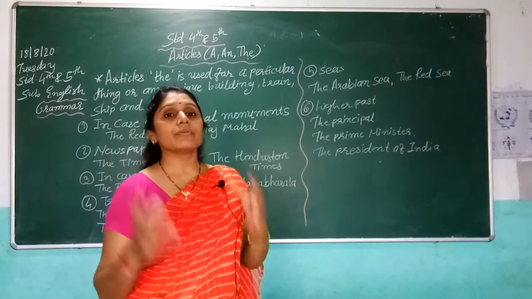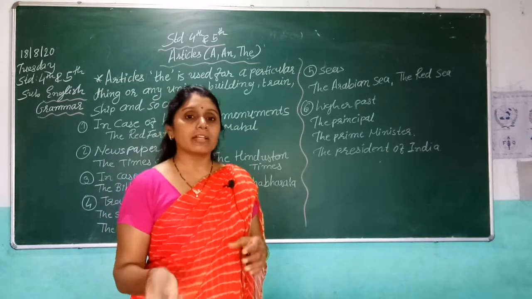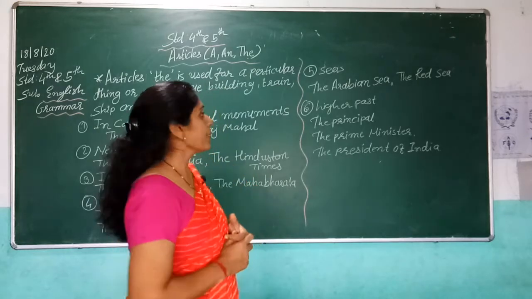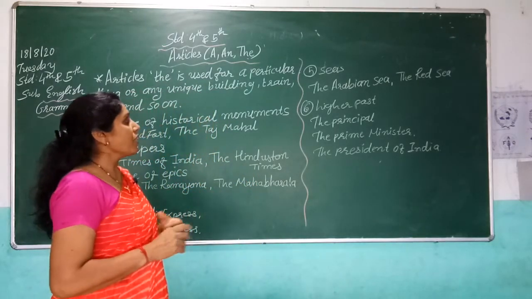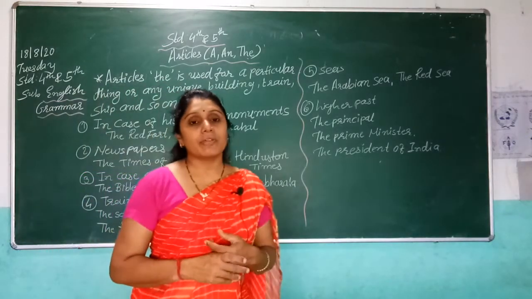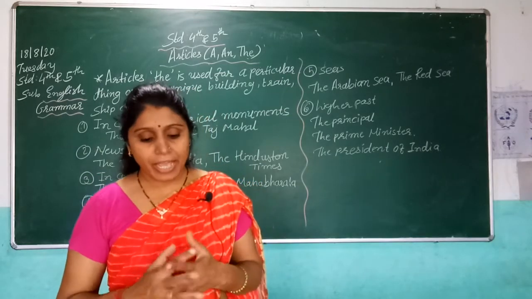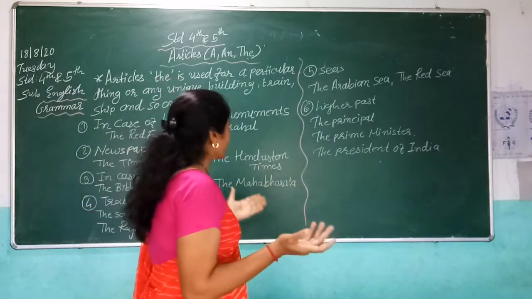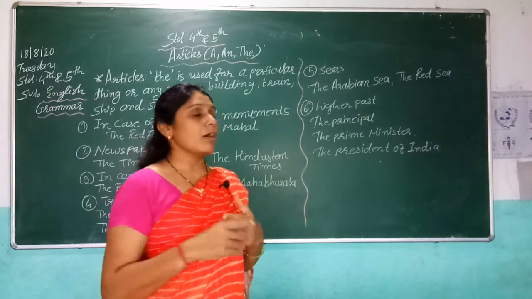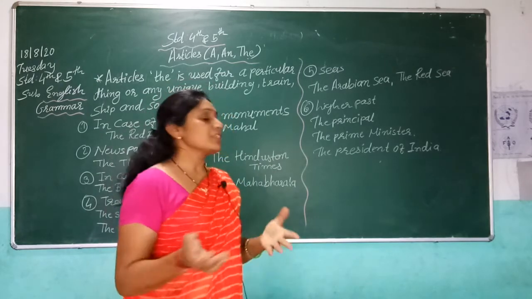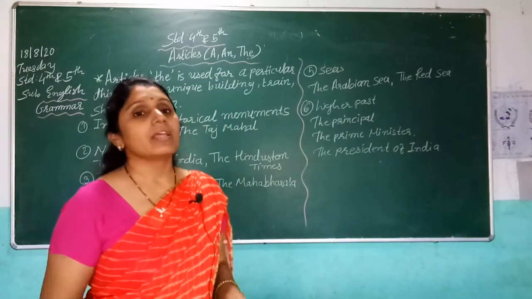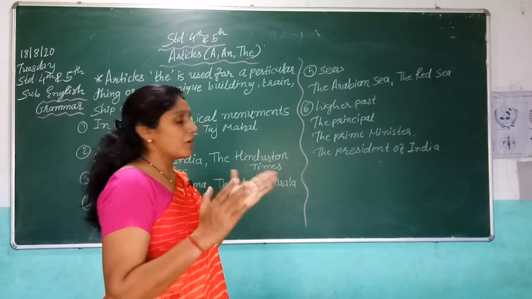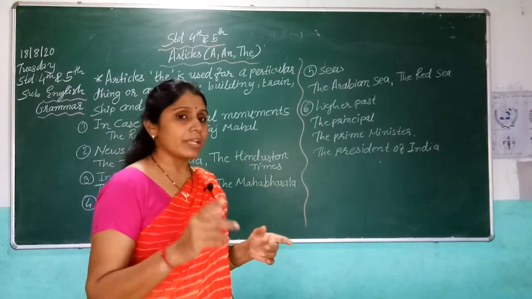We can use the article before it. Then if there is any higher post, just like the principal, the prime minister, the president of India, then we use the article before it.